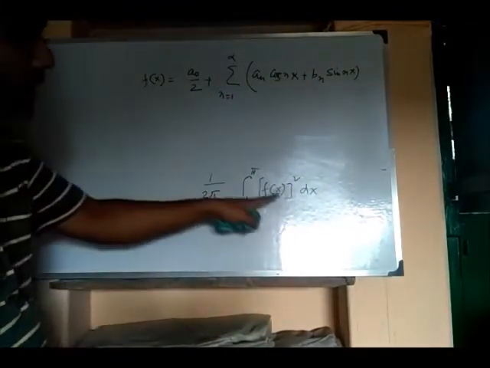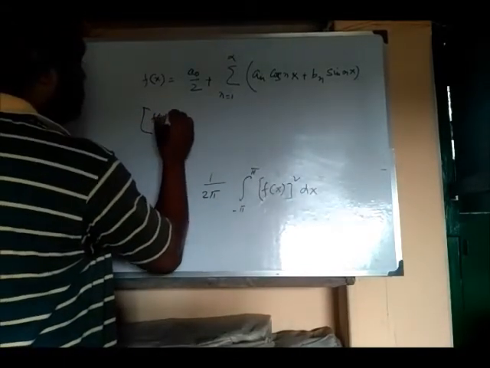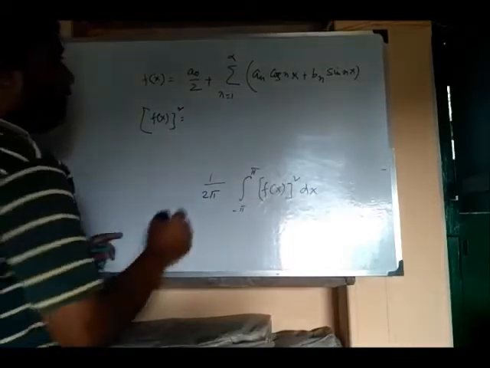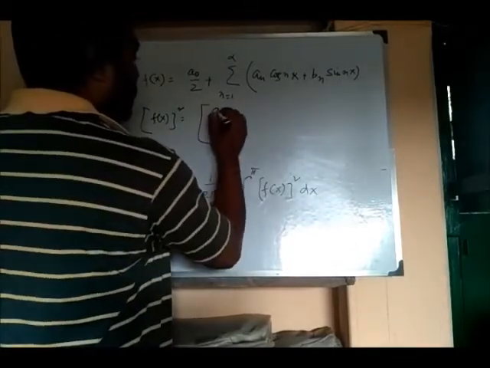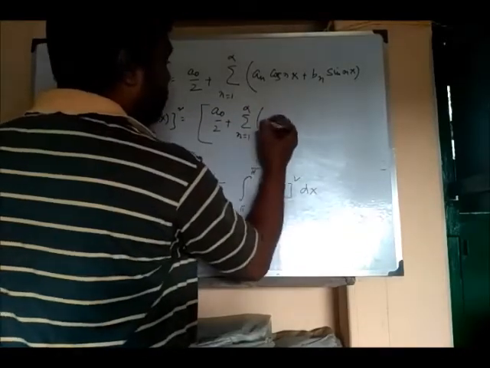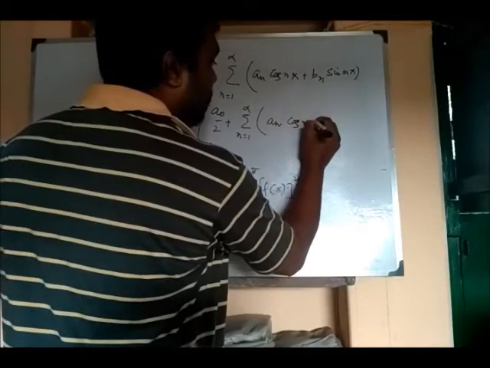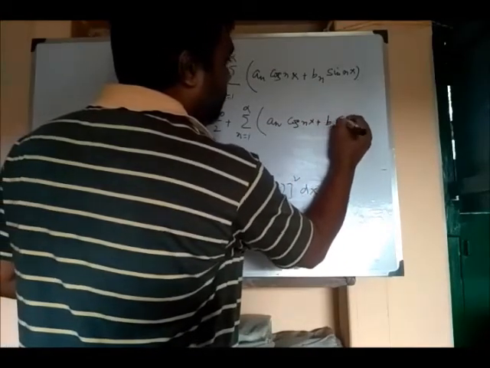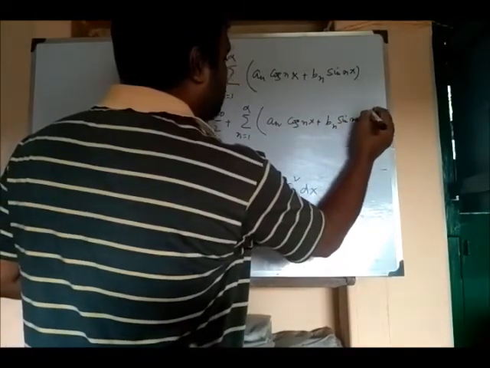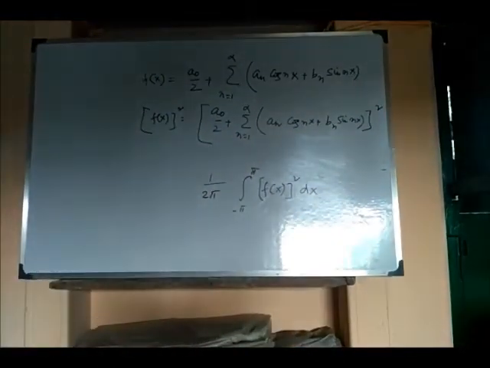Now if you just square this function, what you will get, f(x) square, will be a0 divided by 2 plus the sum of n equal to 1 to infinity of (an cos nx plus bn sin nx), all squared. Right?